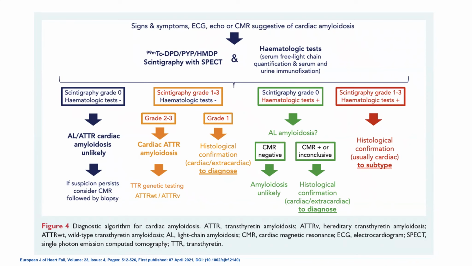Nevertheless, if suspicion persists, you should consider the use of CMR, followed by cardiac or extracardiac biopsy, as bone scintigraphy could be negative in some mutation ATTR disease. For example, tracer uptake depends on TTR fibril composition and in rare subtypes of cardiac amyloidosis.